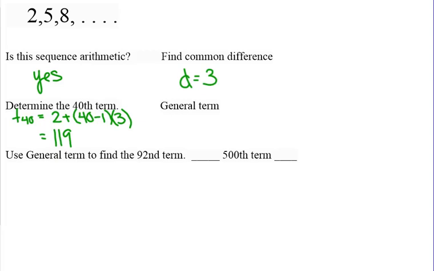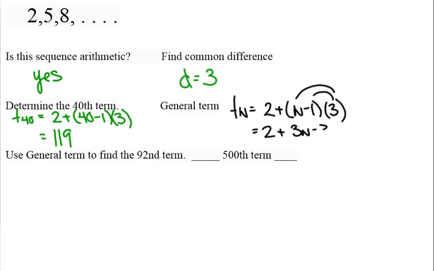So then our general term, that's going to be the one that represents every possible nth number. So Tn is equal to our first term plus n minus 1 times our common difference. So again, we're going to distribute 2 plus 3n minus 3. Well, so Tn is equal to -1 plus 3n.